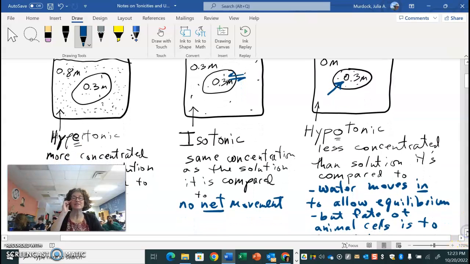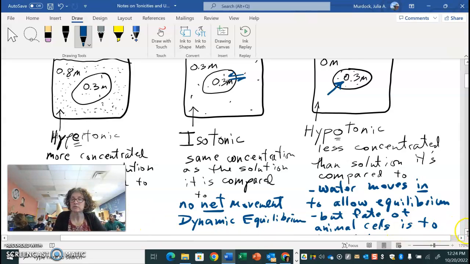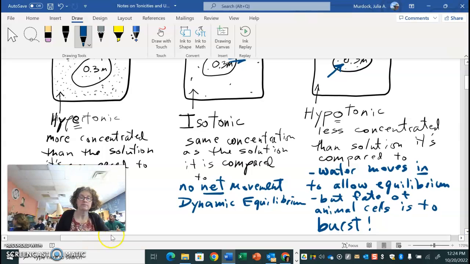And for animal cells, that's ideal. It's called dynamic equilibrium. And animal cells are happiest that way. So, happy animal cells.